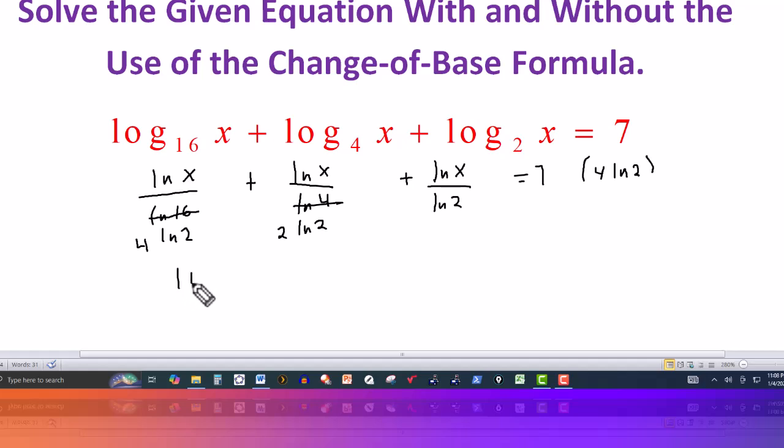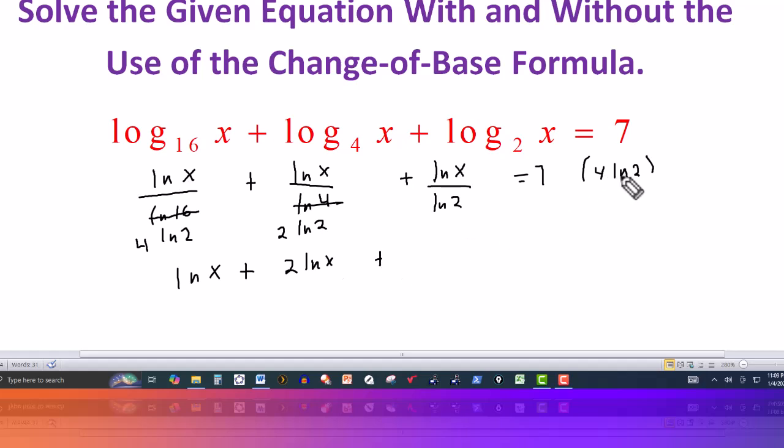And all I'm going to have here is ln of x. And that's going to be plus. For the next one, it has a 2 ln of 2, so the ln of 2, the ln of 2 is going to cancel, and then 2 into 4 will go 2. So this will give me 2 ln of x plus.